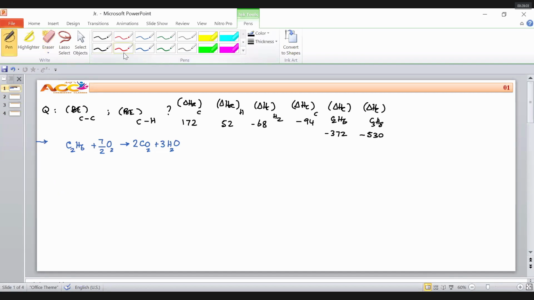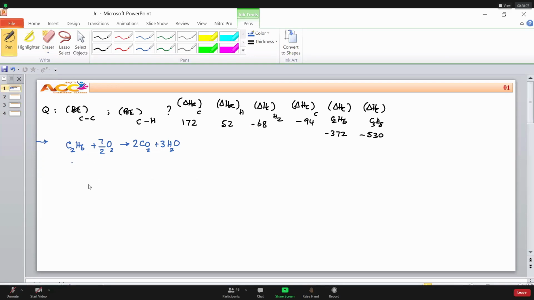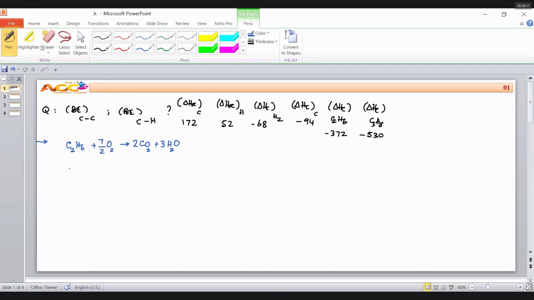How to proceed? Okay, sir, if I am unable to get the bond energy of oxygen here, then there is a problem. What is to be done? I'll take the formation of ethane and write it: 2 carbons plus 6 hydrogens gives C2H6.